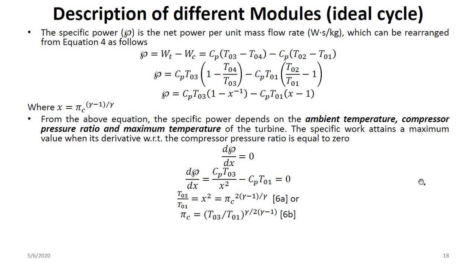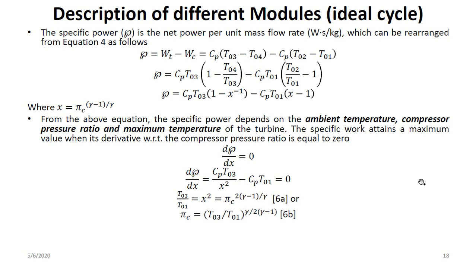So equating these two and making T3 over T1 subject, what you get is x squared, and from here we said x is equal to the compressor pressure ratio raised to the power of specific heat ratio gamma minus 1 over gamma.